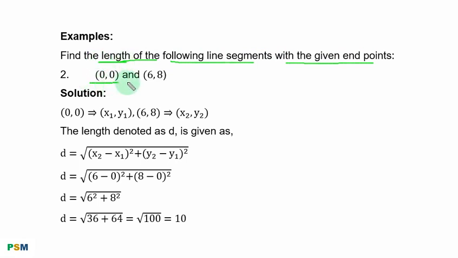Number 2, you have these points. The first ordered pair implies that S1 is equal to 0, Y1 is equal to 0. The second ordered pair implies that S2 is equal to 6, Y2 is equal to 8.